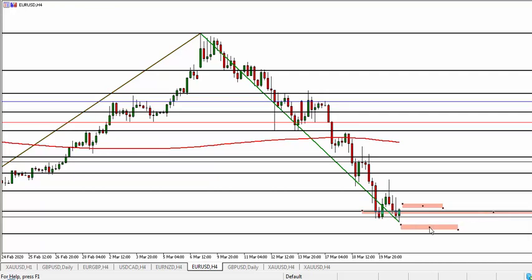I can put my stop loss over here. This is my stop loss, this is my level of entry. My first target for sure will be this area, and my last one will be this area or this area.